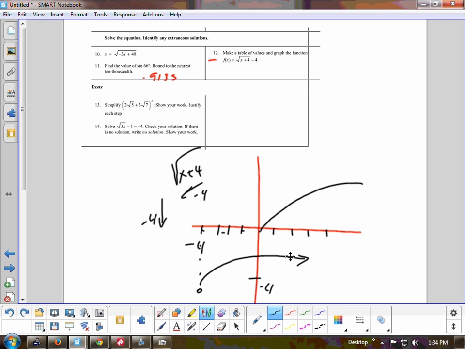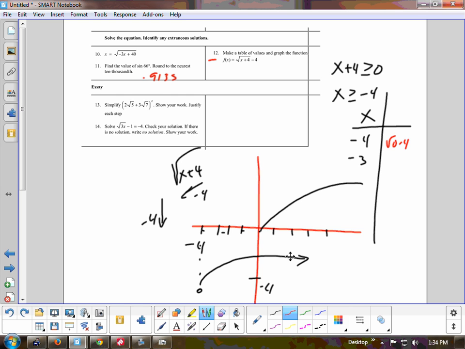Okay. If we were doing this table-wise, we would take x plus 4 and put greater than or equal to 0. X has to be greater than or equal to negative 4. Then we would use the table of negative 4, negative 3. So if we put in negative 4, negative 4 plus 4 is radical 0, minus 4 is negative 4.